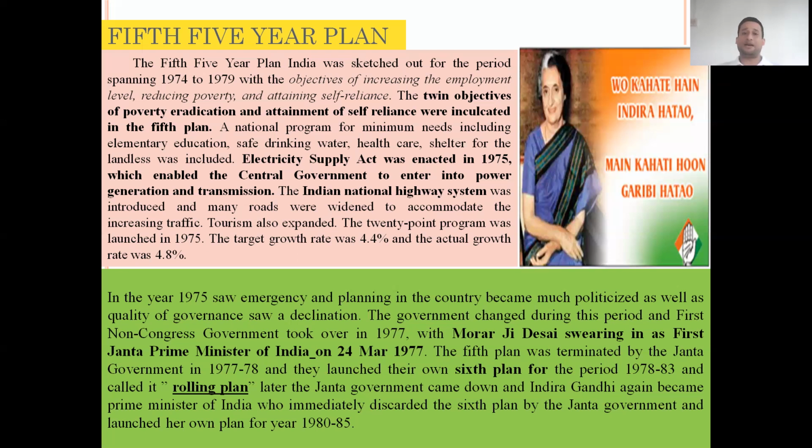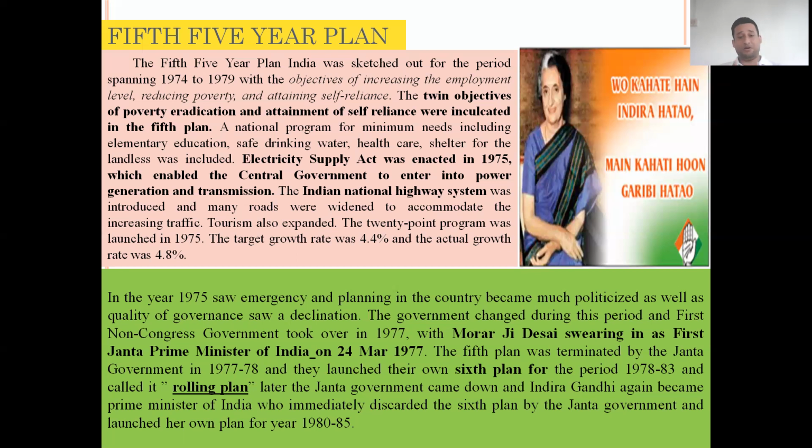So the rolling plan was introduced by the Janata government during the fifth five-year plan period, in place of 1974 to 79, for 1978 to 83.